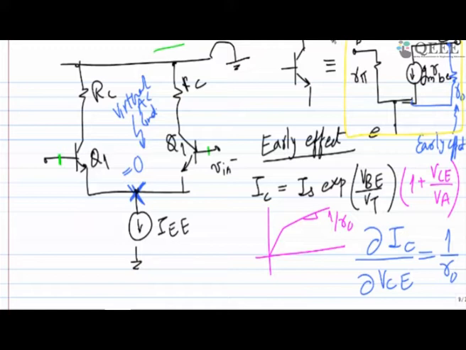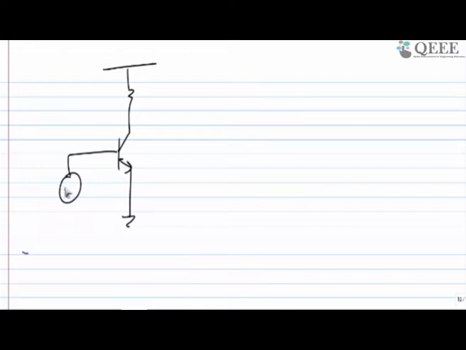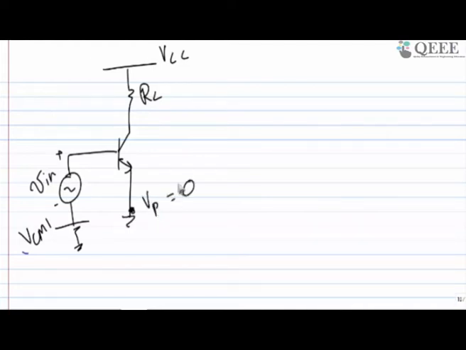And one more thing, when we are doing the AC analysis, only this part is important to me, or maybe this part, because this is ground. Now it's as good as one pseudo differential amplifier. This point is VP, which is virtually ground.